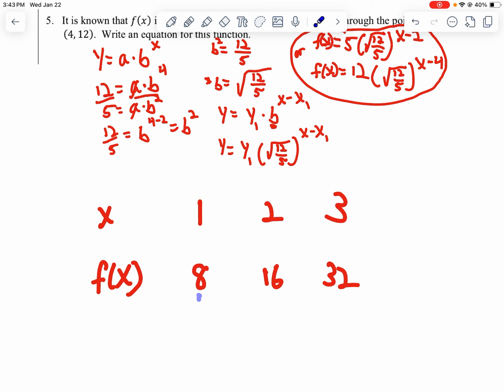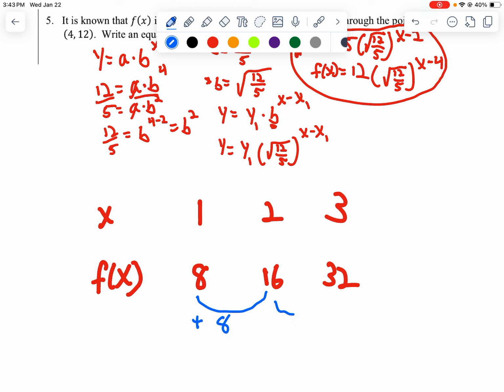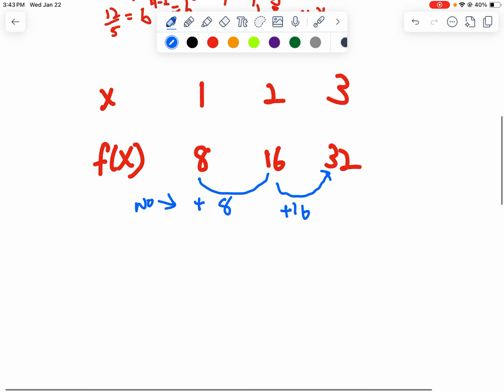Now, let's check the y's. We have to add 8 to go from 8 to 16, and to go from 16 to 32, we would have to add 16. So no, it's not arithmetic.